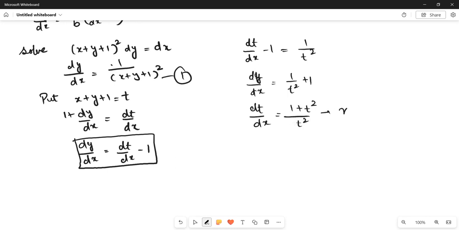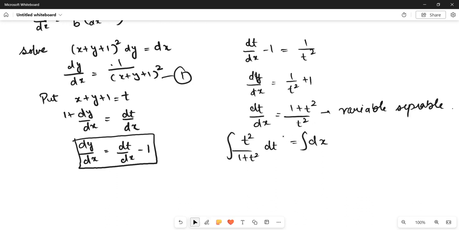Now we can easily use the variable separable method. Variable separable method means the terms containing t are on one side, and the terms containing x are on the other side. After doing this, we just have to integrate it.